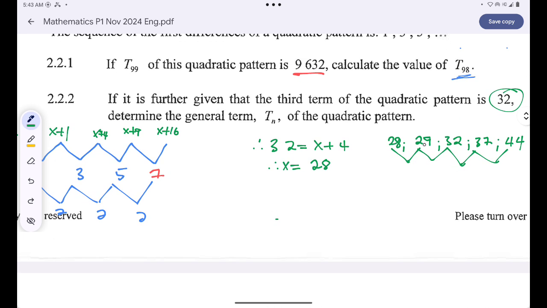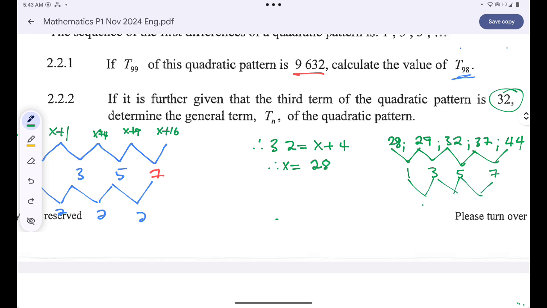The difference between these, 29 minus 28, is 1. Over here I'll get a 3. Over there I'll simply get 5, and then a 7.